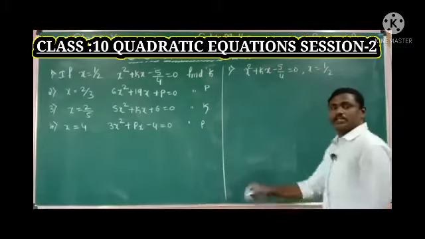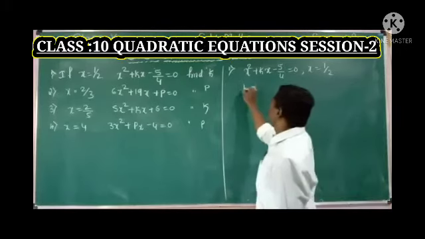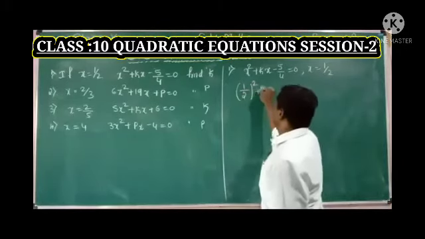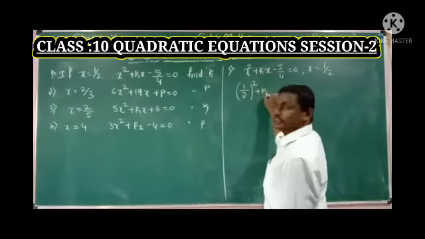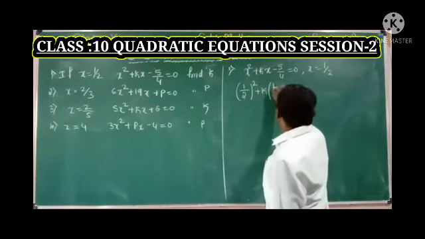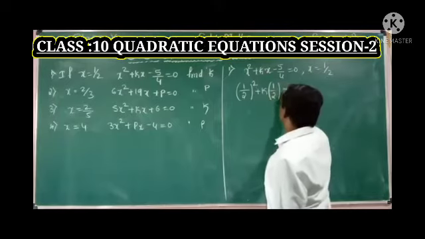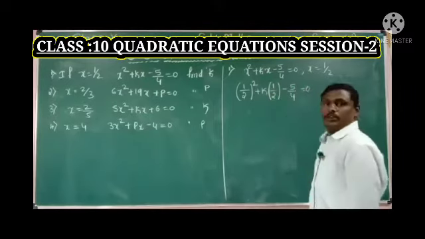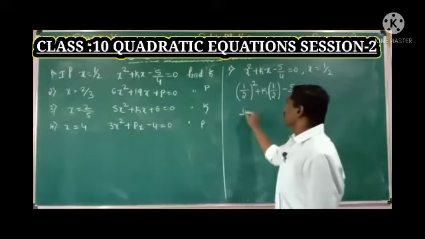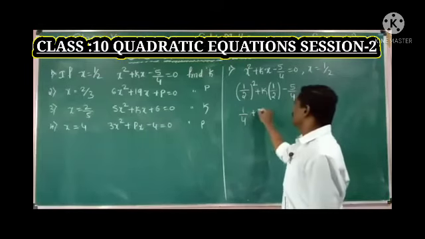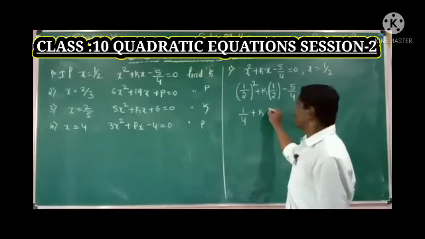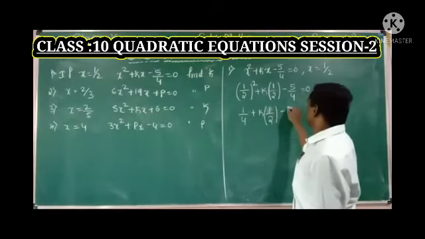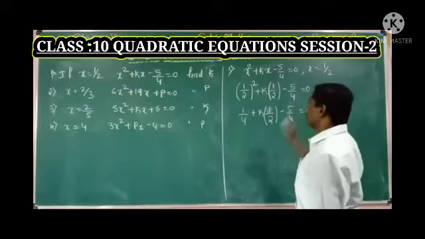Just substitute the x value in the quadratic equation. 1 by 2 whole square plus k as it is, x value is 1 by 2, minus 5 by 4 is equal to 0. 1 square is 1, 2 square is 4, plus k into 1 by 2 minus 5 by 4 is equal to 0.